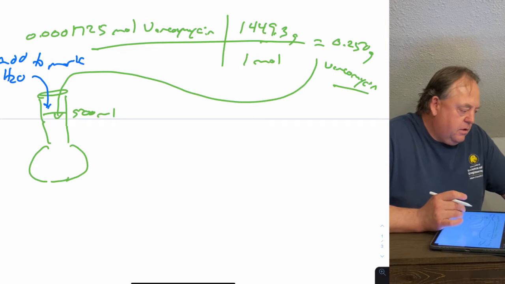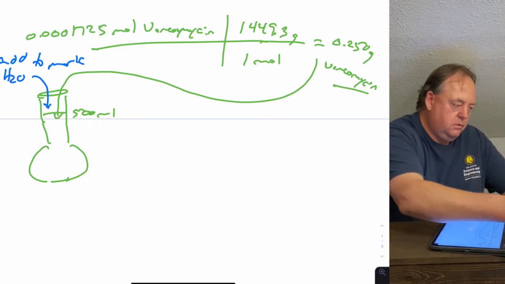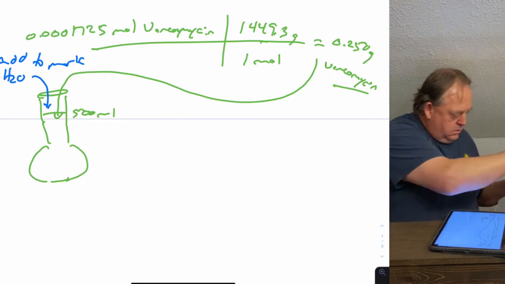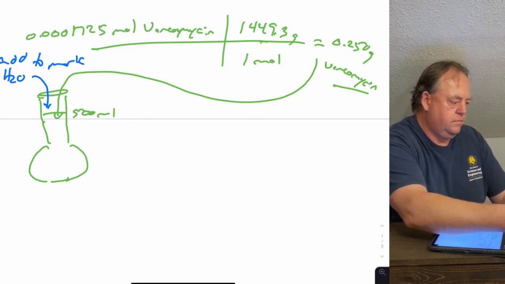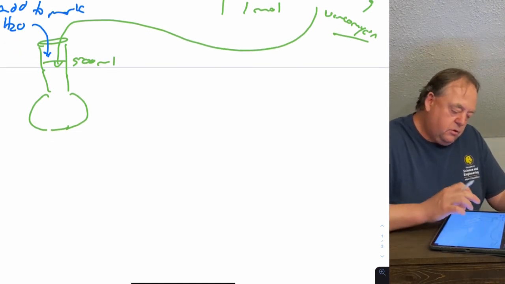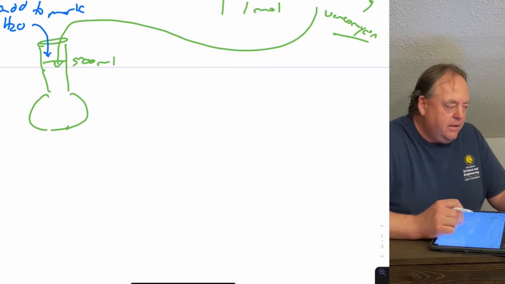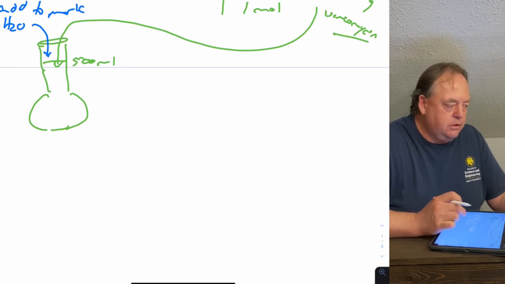Now you would have a 3.45 times 10 to the minus 4 molar solution. If you then transferred that to an IV bag and administered all 500 mL to the patient, you would deliver 0.25 grams of vancomycin to the patient.